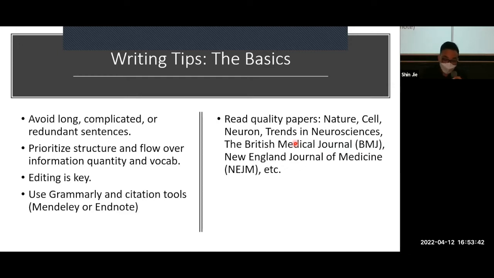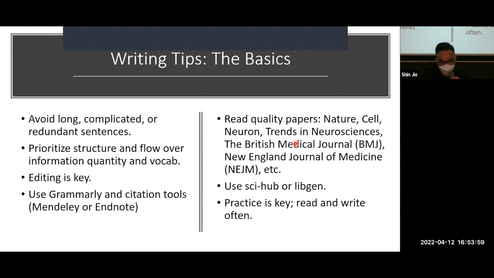Read more good work, read more good writing, and you'll improve your writing. Controversial, but if your institution doesn't have access to the paper, use Sci-Hub or LibGen. If your institution blocks Sci-Hub, I think LibGen still works. Practice is key. Like any musical instrument or any sport, no amount of teaching can help. You have to practice. So read and write often.